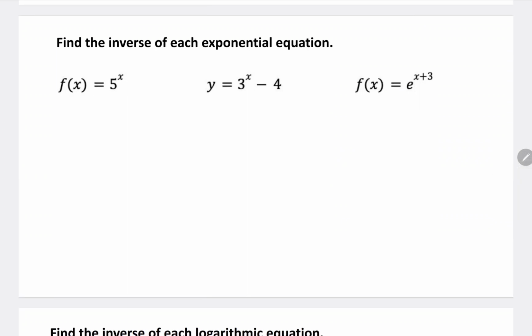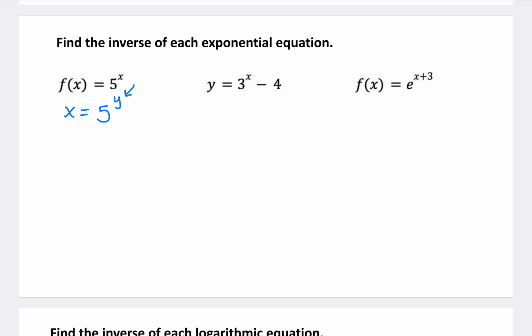When we are finding the inverse of any equation, remember your first step is to flip-flop the x and the y. So this would say x equals 5 to the power of y. After we flip-flop the x and the y, our goal is to get y by itself. Well, we haven't really learned how to get y by itself yet. So what I would do at this step is rewrite this. Right now it's written as an exponential function.